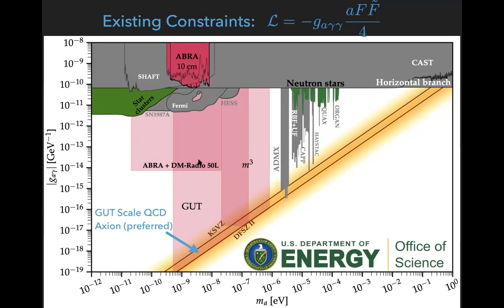Whereas for these, we're at the level of thinking about construction for both the meter cubed detector and the 50 liter detector. So the GUT detector could still certainly change depending on what we see when we run these two smaller experiments. But that's the order of magnitude.